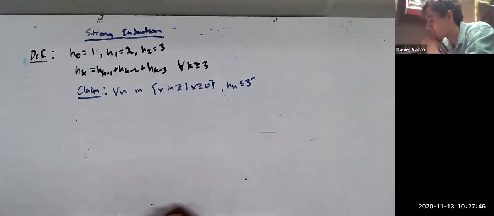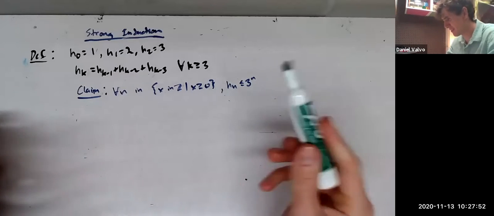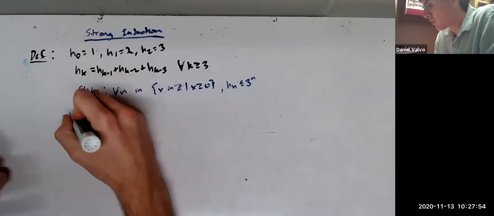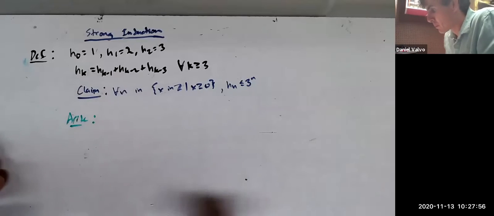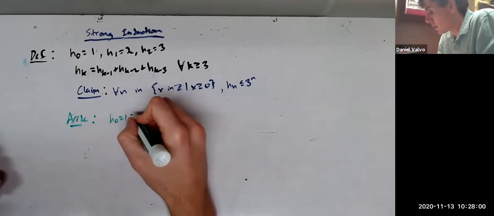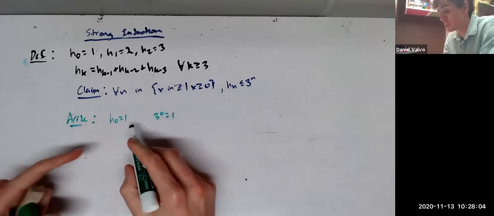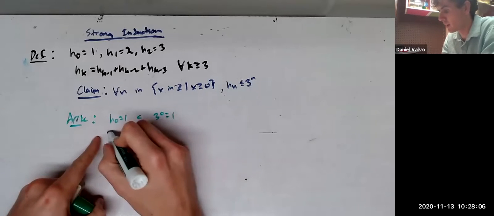That's our claim. And now let's do an aside and talk about why we would think this is even true. We can try it out for a few examples. H of 0 equals 1, and 3 to the 0 equals 1. So 1 is less than or equal to 1.